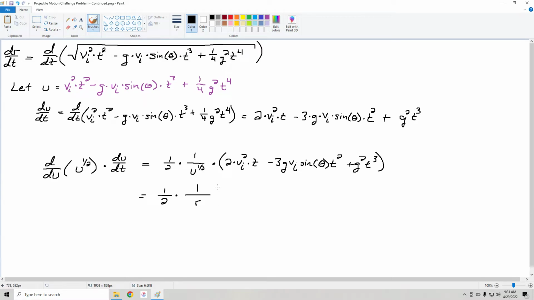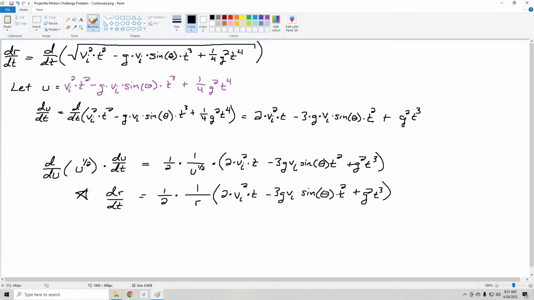And then we also have to include the stuff at the end, where it's 2 times the initial velocity squared times t minus 3g v initial times sine of theta times t squared plus g squared t cubed. And remember, this is still equal to the derivative of the distance between point P and the projectile with respect to time. So the derivative is done.